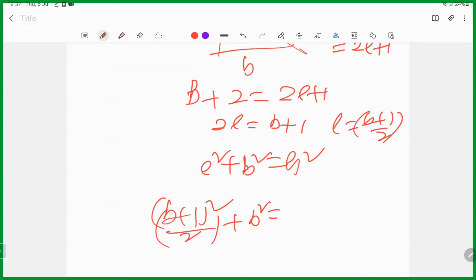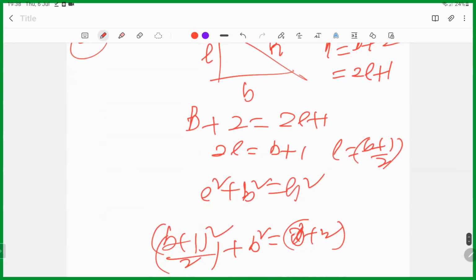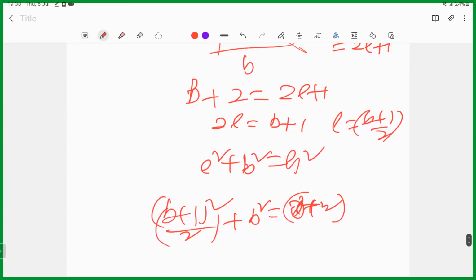H means you can take any of them, b plus 2 or 2L plus 1, anything you can take. b plus 2 whole square. Now all the equation is in b's, no? Solve for b. Then once you get the b, you can solve for L. Clear? So any other doubts? Other questions we solve now?